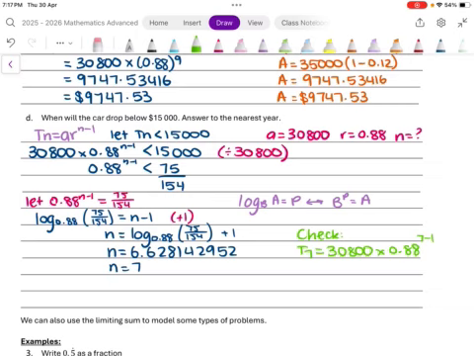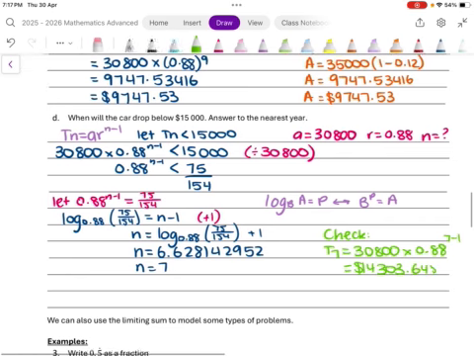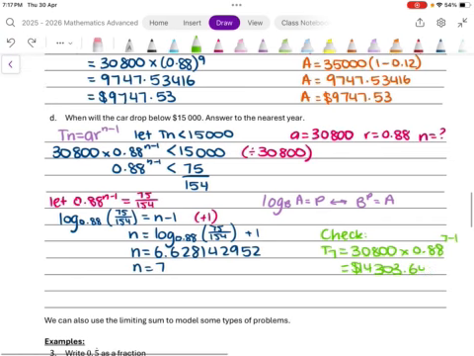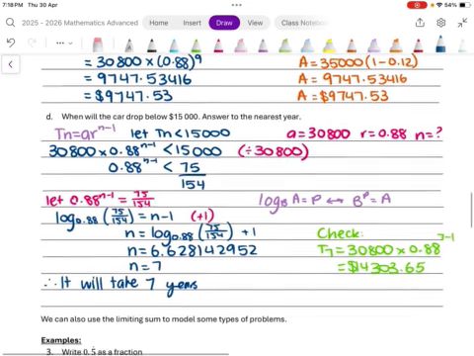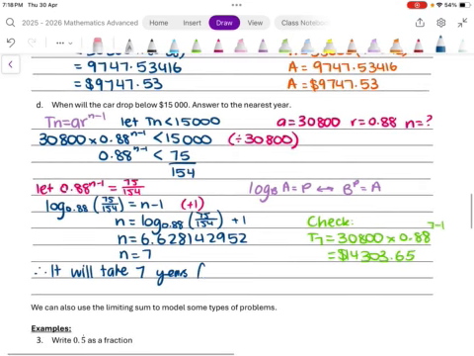Put that into your calculator, and it is equal to 14,303.65 cents. Okay, so that means that, therefore, it will take 7 years for the car to be less than 15,000 dollars.